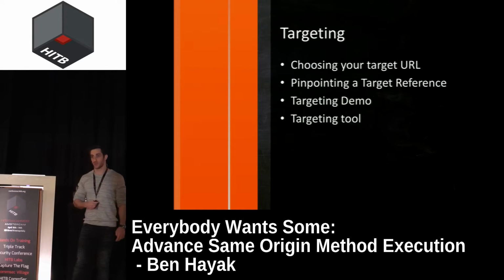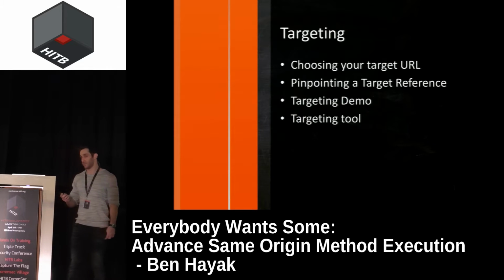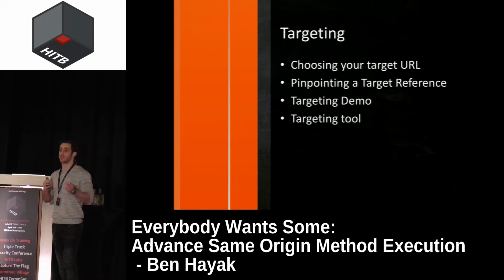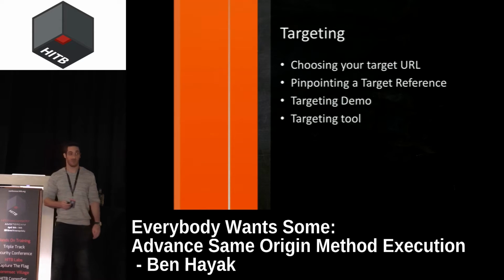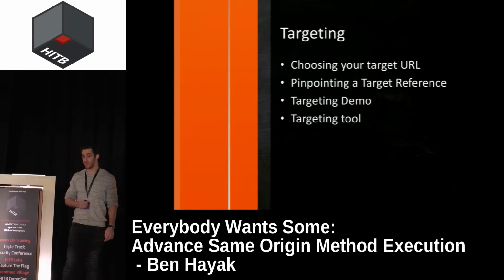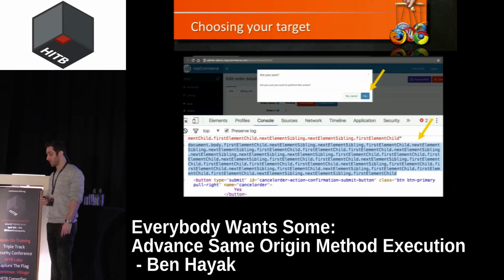We're going to talk about choosing the URL that you want to target, like the e-commerce website for deleting orders, for example. We're going to talk about pinpointing a target reference, which you'll see in a minute. It's creating an alphanumeric string that represents buttons, active elements or forms in the web page. We'll see a demo and a tool that I made to make it easier for everybody.